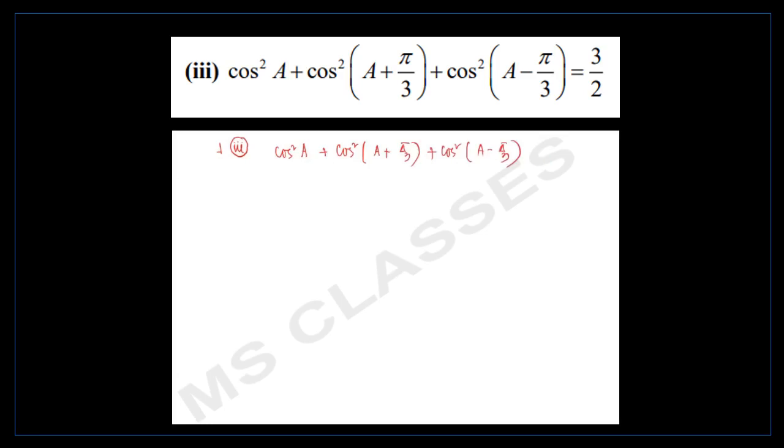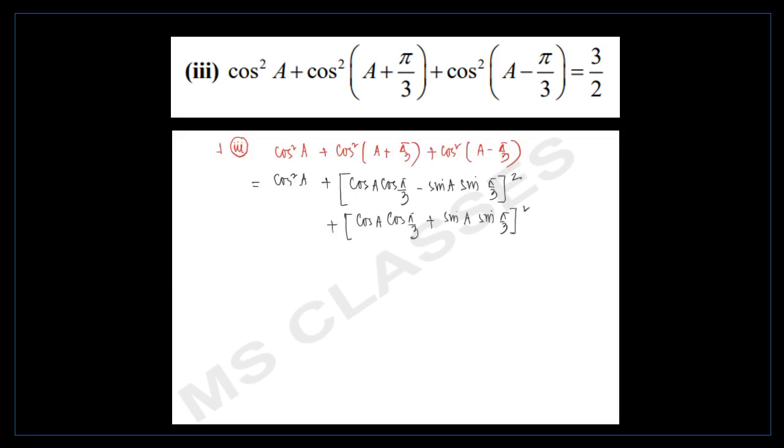It is cos²A plus (cos A cos π/3 − sin A sin π/3)² plus (cos A cos π/3 + sin A sin π/3)².